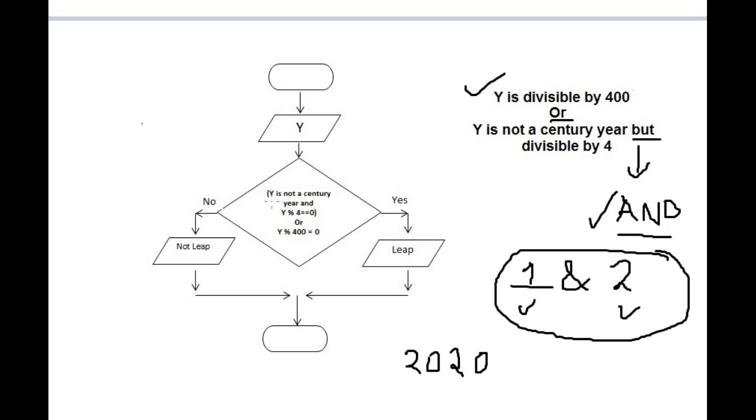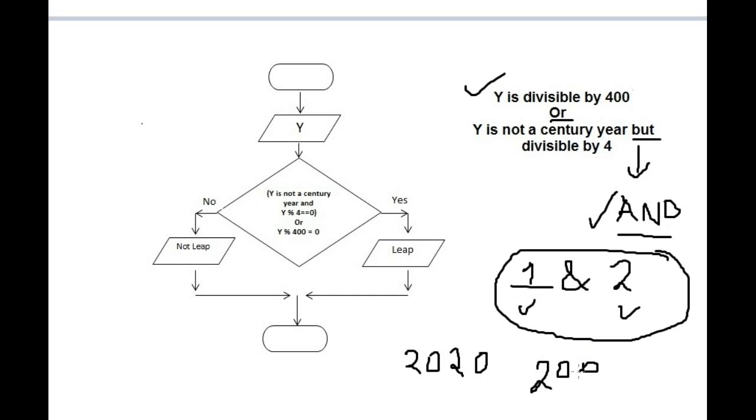So what we can understand here, if the first is satisfying and the second is satisfying, the whole thing which is there put inside the bracket satisfies. Now if this satisfies, do we need to confirm whether this is satisfying? No. Why? Because if any of them satisfies, we are going to go towards yes and we'll say it's a leap year.